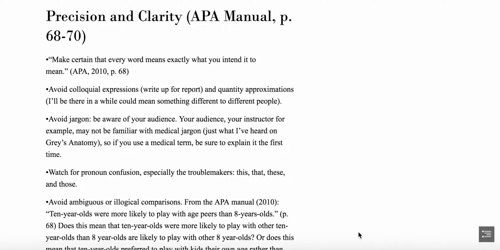So also, you want to look at precision and clarity. Make certain that every word means exactly what you intend it to mean. Sometimes this means going through your essay with a fine-tuned comb, looking at every word to make sure that it's saying what you want it to say.